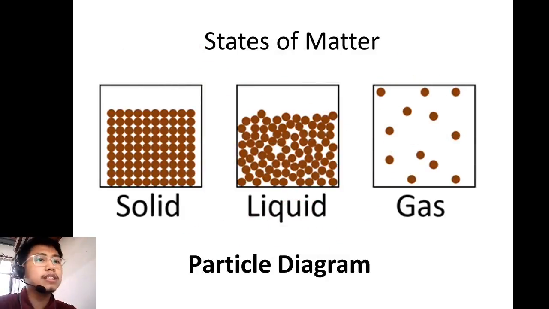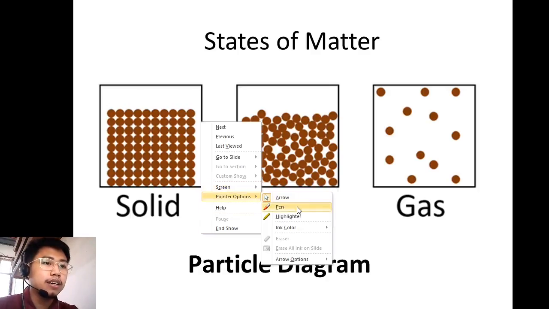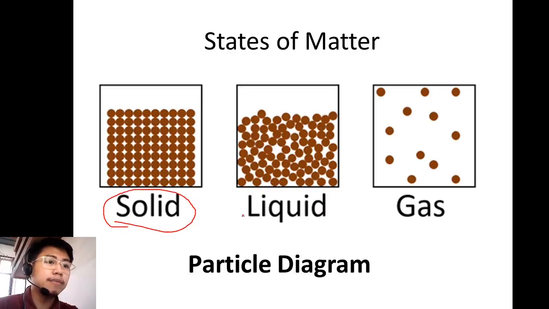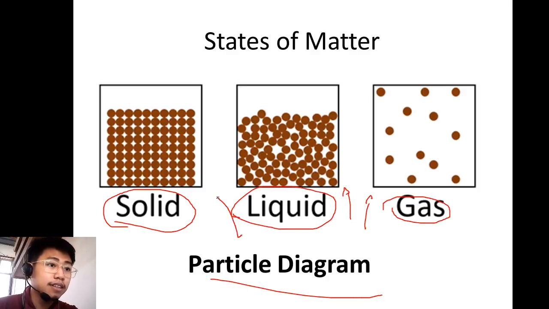What about the states of matter? States of matter are the physical appearance or state of a substance or matter. The most common ones are three: solid, liquid, and gas. As you can see on the particle diagram above, you can differentiate automatically the difference between the three.